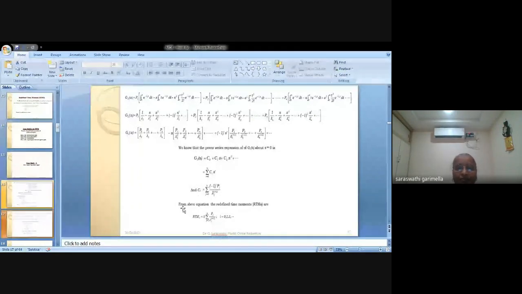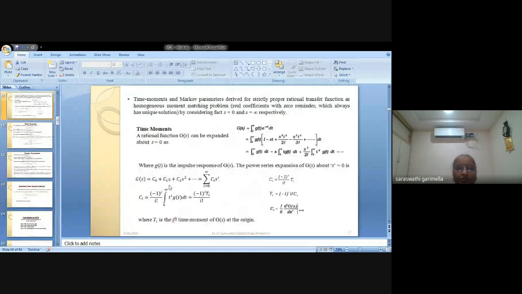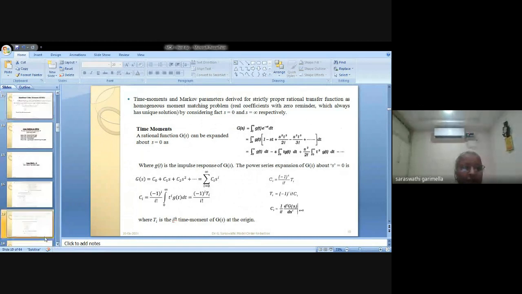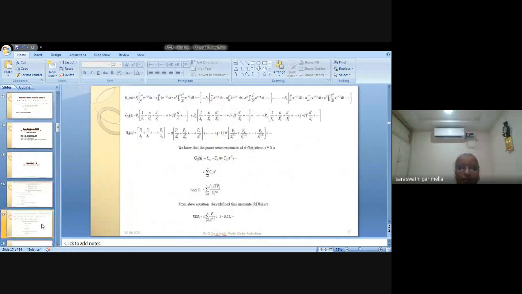From the previous one, you got C0 and Ci's from this integration, and this is the time moment. They defined it like this, but I defined it with residues and eigenvalues. So I got this time moment, and I redefined the time moment. That's why I called it RTM. But remember, I get the same C0, same C1, same C2, but in a different way.